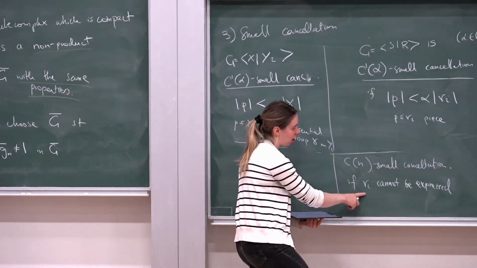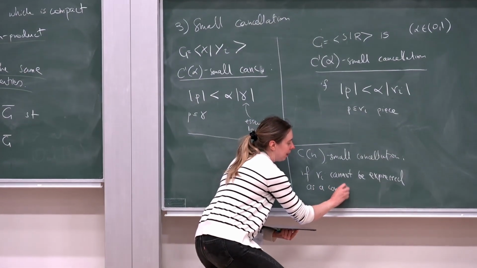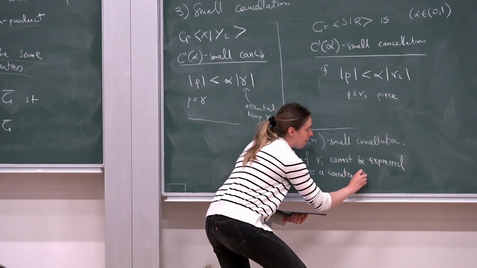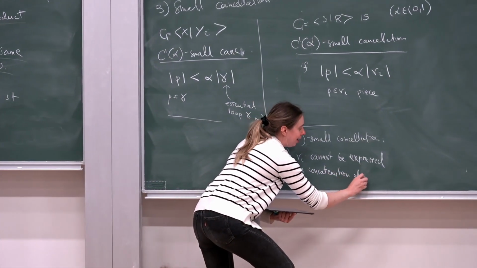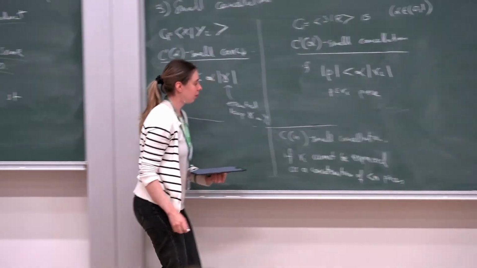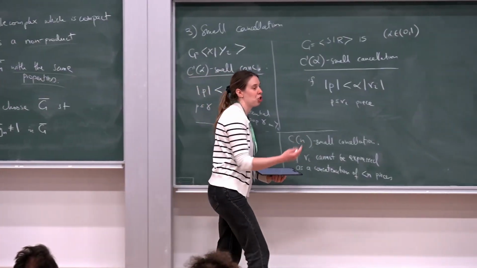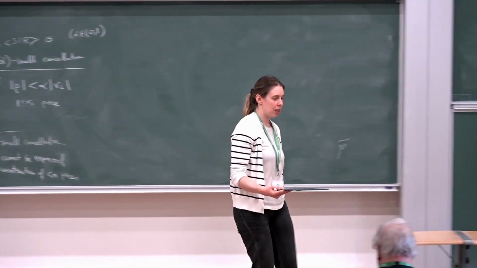So here I'm saying that Ri cannot be expressed as a concatenation of less than n pieces. Here n is an integer, of course.